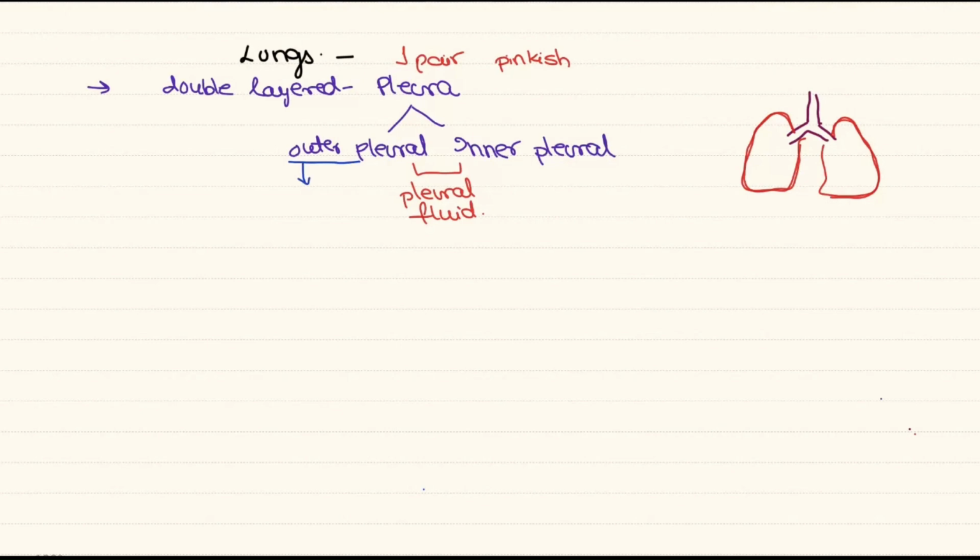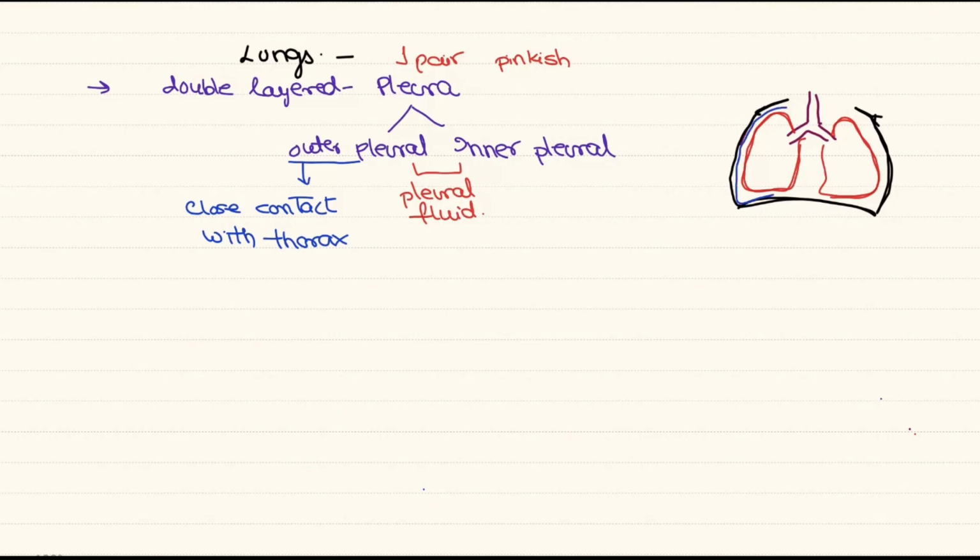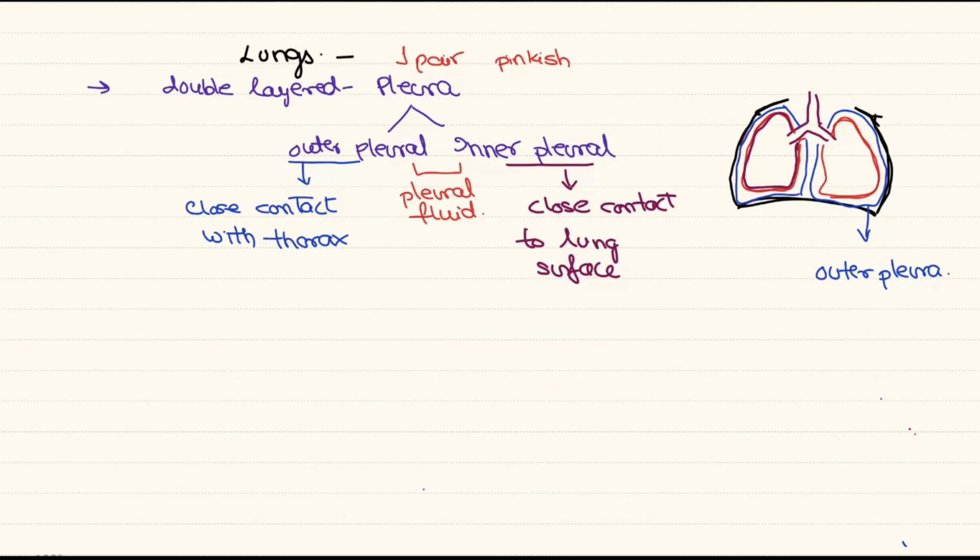The outer pleural membrane is in close contact with the thorax, as you can see in the diagram. And the inner pleural membrane is in close contact with the lung surface. In the diagram you can see this is the inner pleura, which is the same as the lung region. And the gap between the two is filled with the pleural fluid.